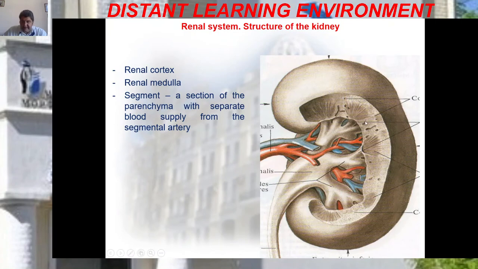You may see renal pyramids here, or pyramids of Malpighi. The wide bases of these pyramids face the surface of the organ. You may see the basic part of pyramids, and also you can see the apices. They are directed towards the sinus.